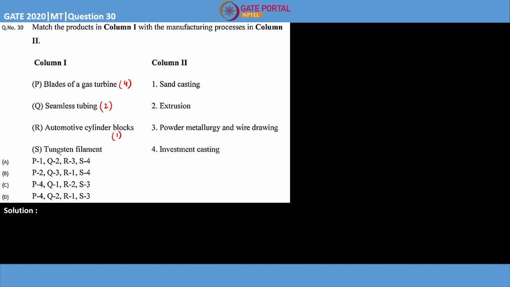You don't have any crucible to hold this much temperature, and you would also have to heat it to a very high temperature if you want to make it by a casting process. So usually we make this tungsten filament by the powder metallurgical route. The tungsten filament is made by powder metallurgy and wire drawing. So the right option in column 2 is option 3.